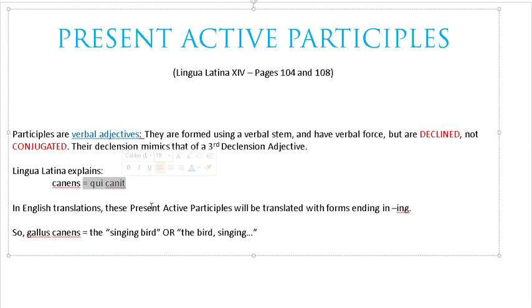You want to translate it as the rooster singing or the singing rooster. I realize in this slide here I simply indicate that Gallus is a bird, but know specifically that it is a rooster. All right.